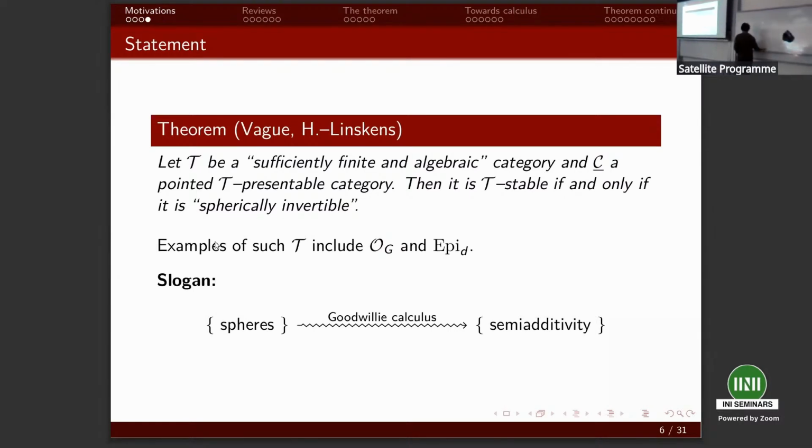And just as a meta slogan for how you should think about this talk, I think this ties in very well with this workshop because, on the one hand, we saw Christine's talk about calculus, and on the other hand, we saw Mike's talk about equivariant homotopy theory.